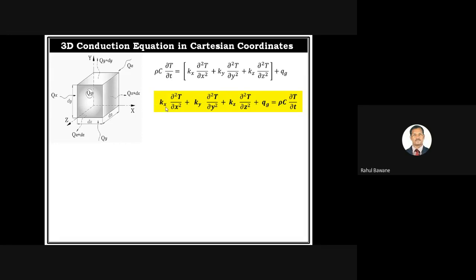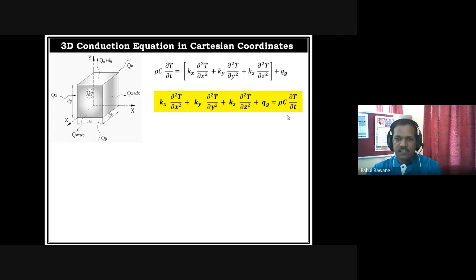Why three-dimensional? Because we consider x, y and z. Secondly, this is the equation under unsteady state condition. Why unsteady state condition? Because there is del T by del of time. This term is not equal to 0. If it is equal to 0, then the whole term will become 0. If it is not equal to 0, that means it has some value other than 0.